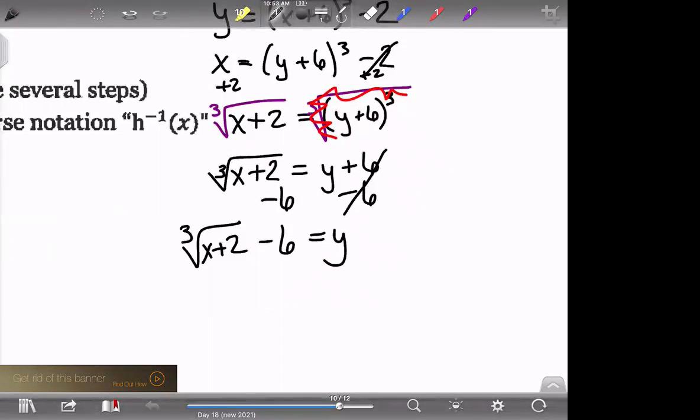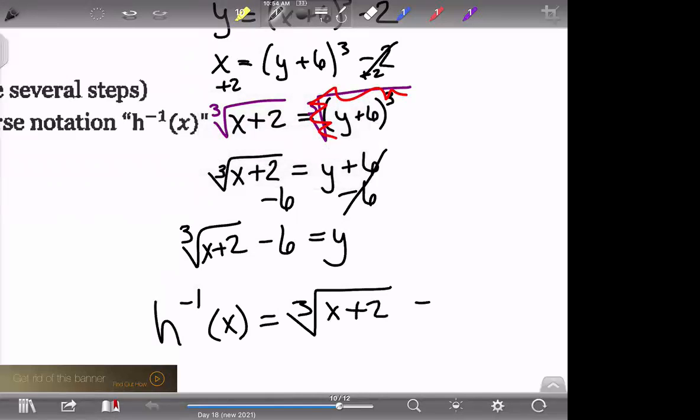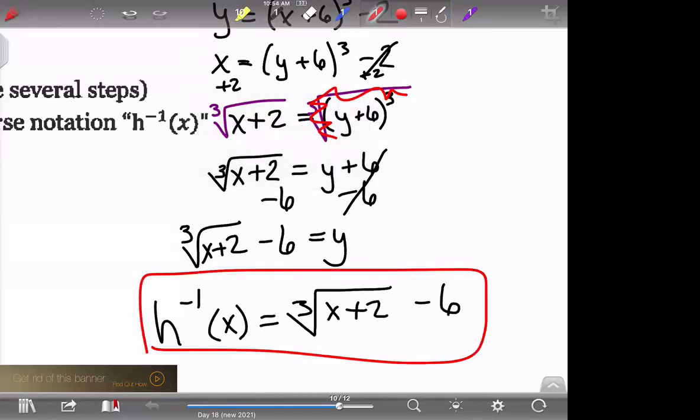And then last but not least, we need to change y to h inverse of x. And then this right here is our final answer. Questions or concerns on this one?